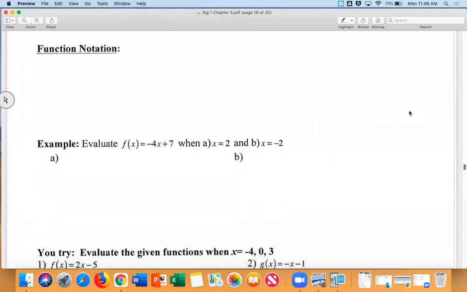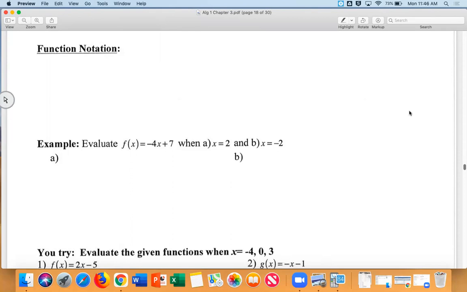Now, this is what I was saying about the function notation. All right, do you guys see this F here? Does everybody see that F? Now, Tyler, when I see that F, I think of F stands for function. All right, Kimmy, does that make sense to you? F stands for function.